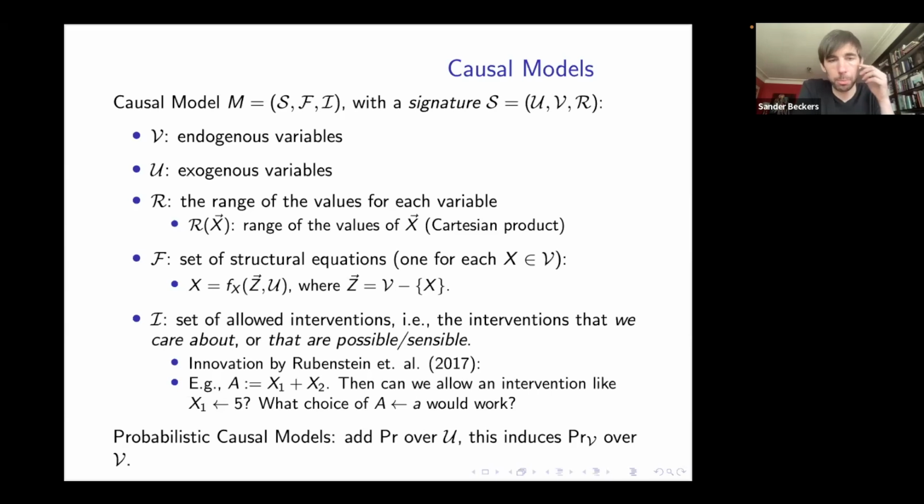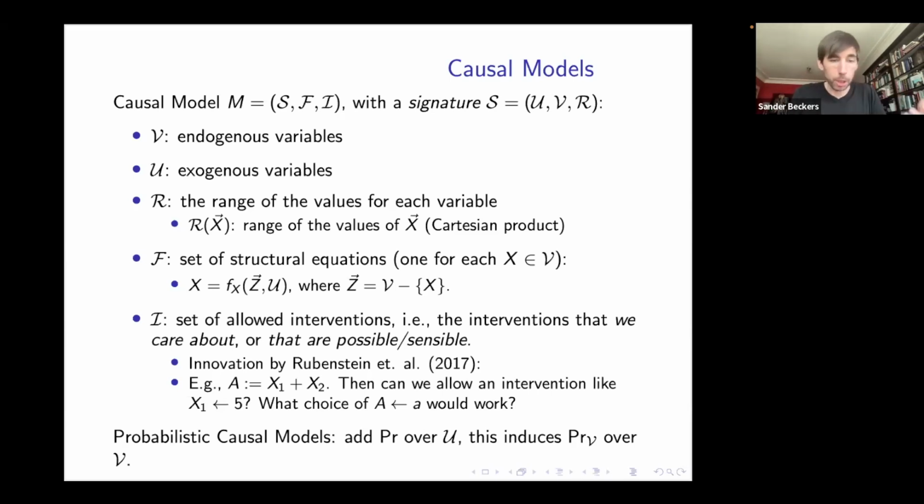So a very simple example, imagine that you have low-level variables x1 and x2, and we're somehow going to abstract these to a new variable a, where a is simply the sum of x1 and x2. If we're then considering an intervention on just x1, how could we possibly represent that at the high level? It's not well defined. So because of that, we don't want to consider that intervention at all. And we can be even more open-minded by just explicitly stating what a set of allowed interventions are, both at the low level and at the higher level.